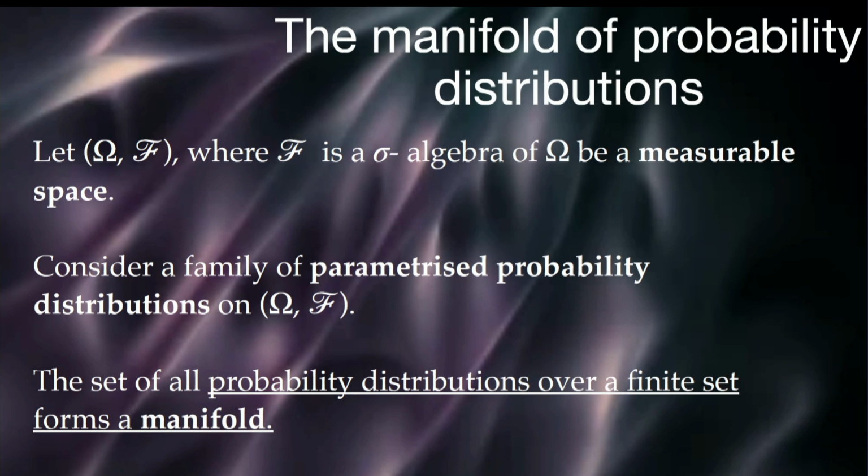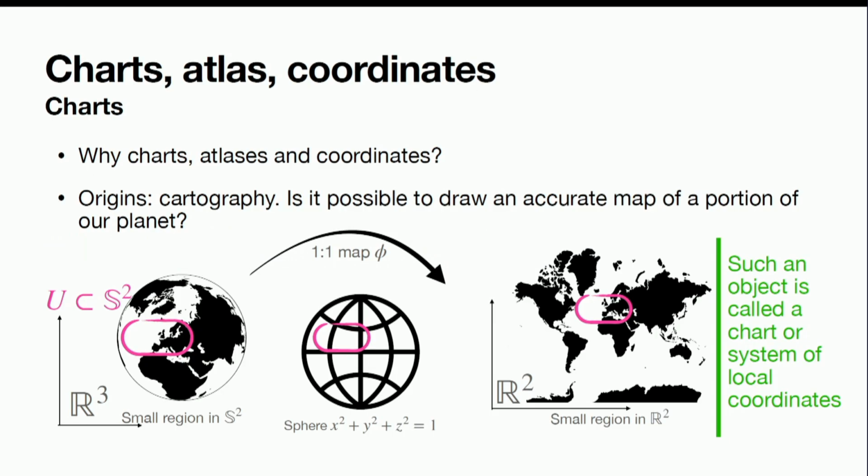Yes, and the set of all probability distributions over a finite set forms a manifold. So last week I was giving a lecture on differential geometry in Sweden, so I recalled a lot of elementary tools, and I thought maybe someone needs a reminder about manifolds. So a quick reminder about charts, atlases, and coordinates.